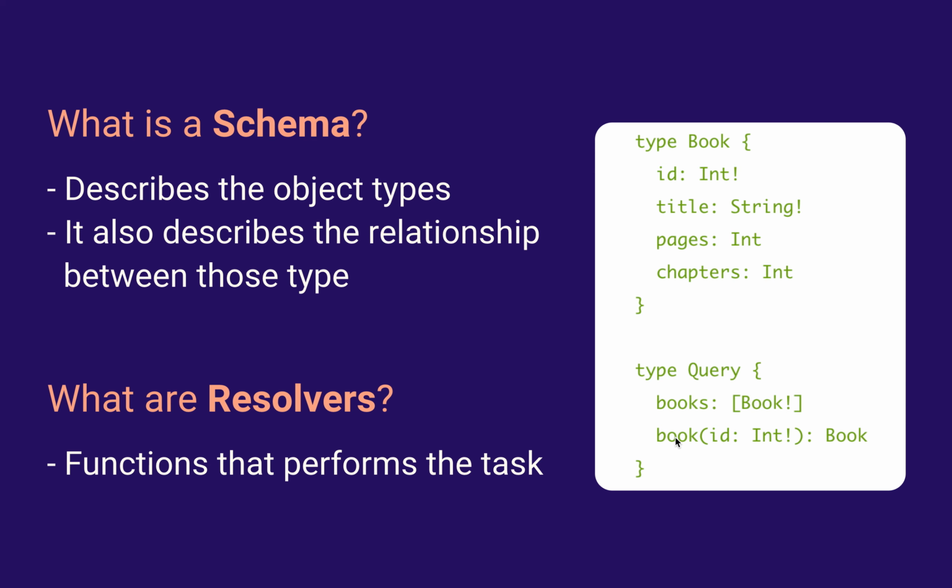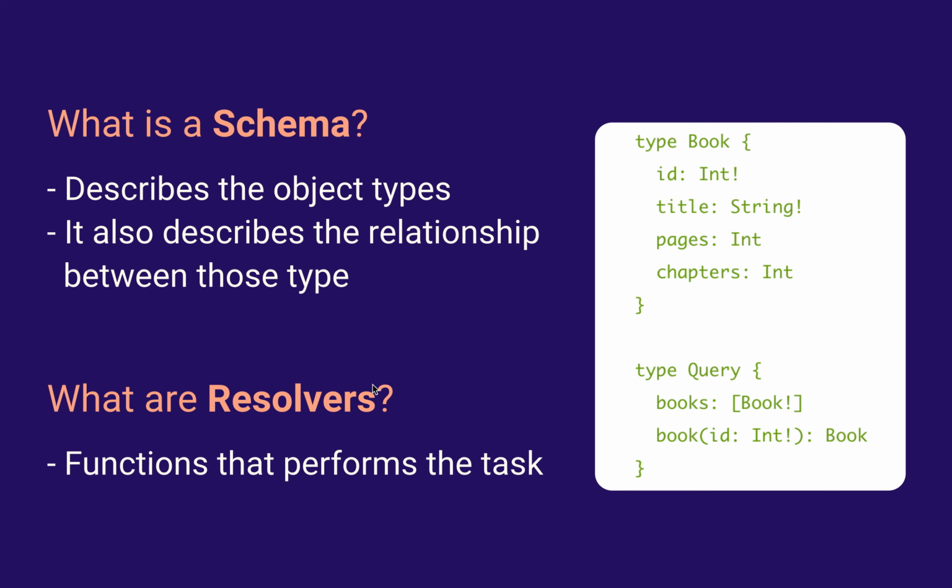You call /graphql with a book, and you need to have an ID which is an integer. If you give a string, it is going to tell you that it is a string and we cannot process it, it's supposed to be an integer. Whenever this particular function returns something, it's going to be of type Book. So this is strongly typed, which is much more beneficial for a large application.